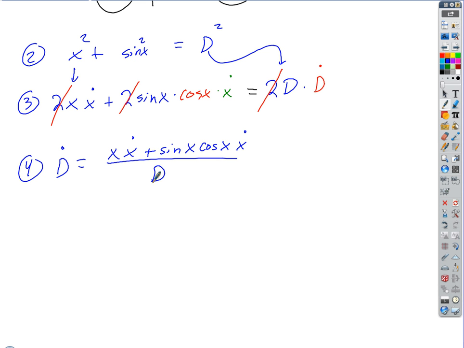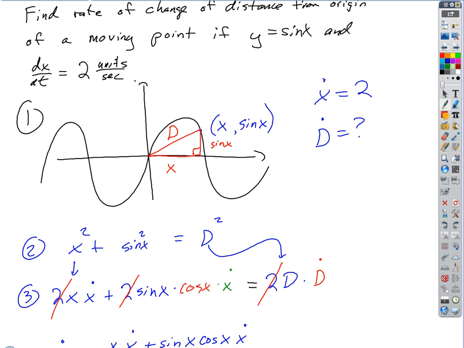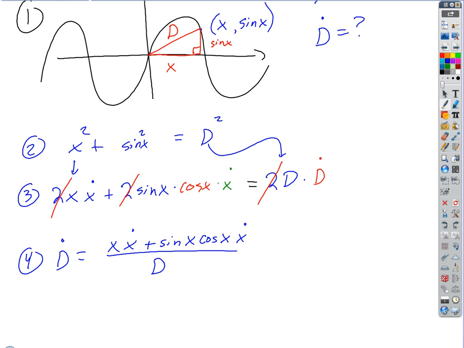Okay, so then what do we plug in? We can rewrite d. We don't have a value for d, but we have a formula for d, right? Based on our parent equation, d is just the square root of x squared plus sine squared x.